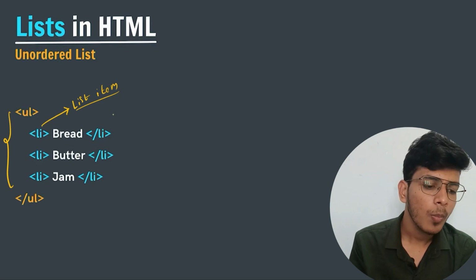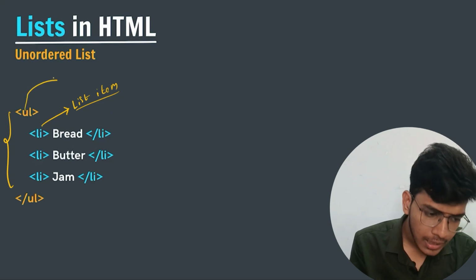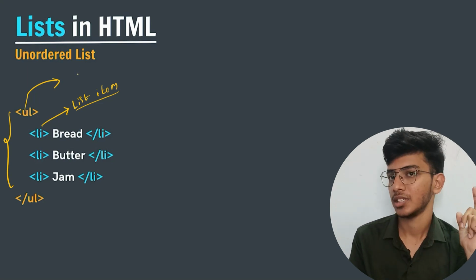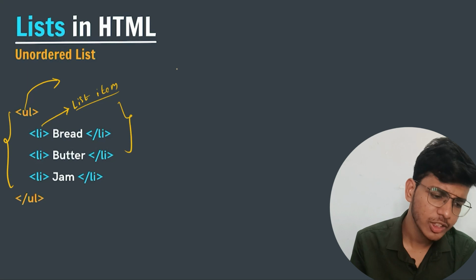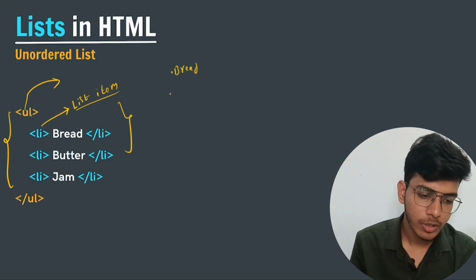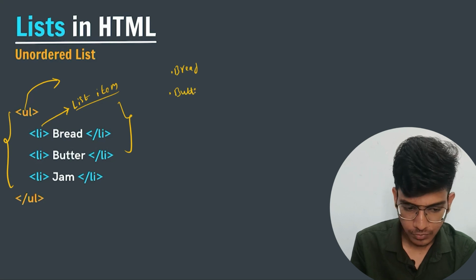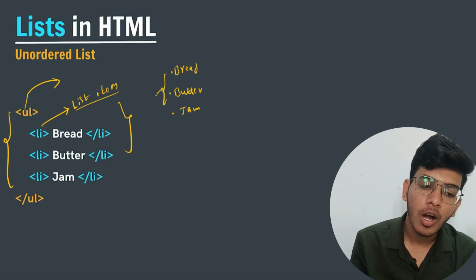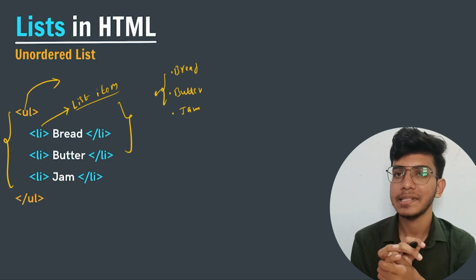Now unordered list is represented by dotted elements. What I mean is that whenever you run this code, you will get the output like this: bread, after this butter, after this jam. Like this, in bullet points you will get your list.